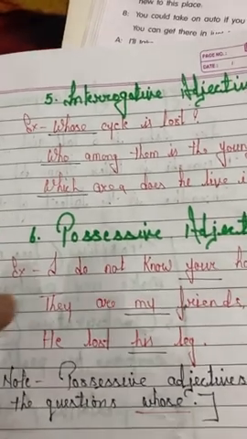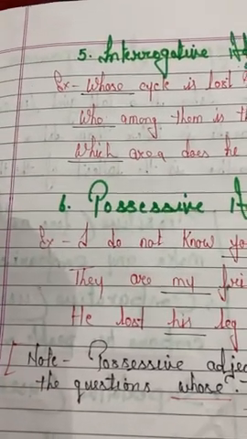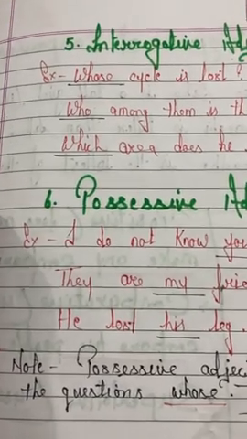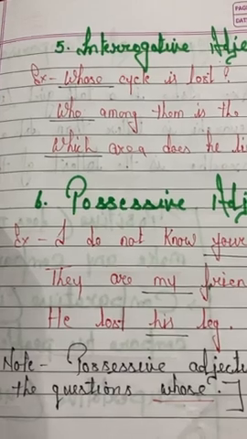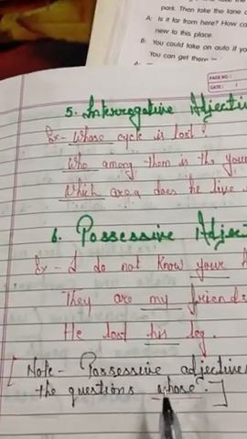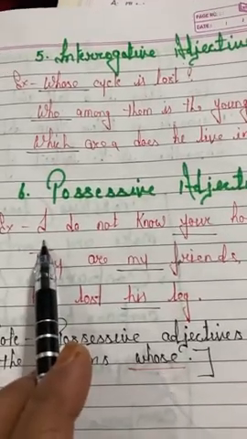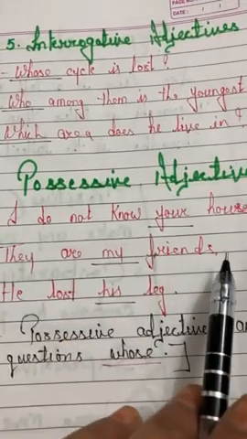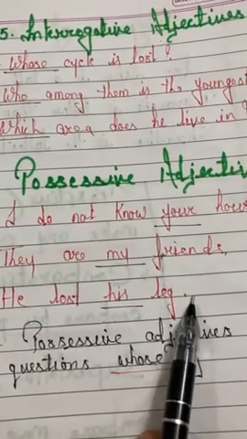possessive adjective. Now students, what is possessive adjective? Possessive adjectives denote possession, belongings, or ownership of a noun or a pronoun. For example, I do not know your house. They are my friends.